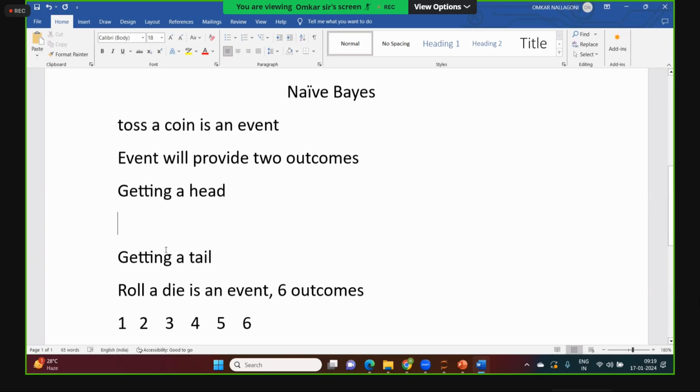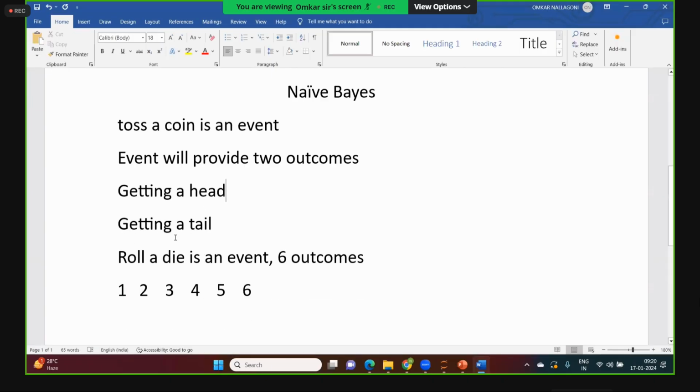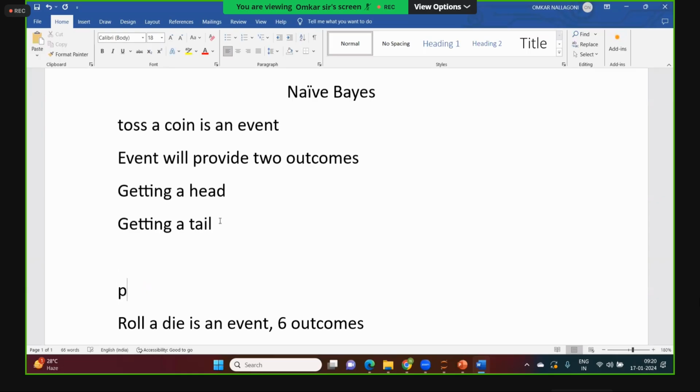Event is nothing but an experiment. You are doing some experiment, that is an event. You toss a coin, how many outcomes will come? Probability is generally based on the outcomes. So here P stands for probability.